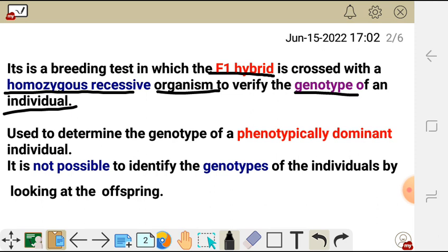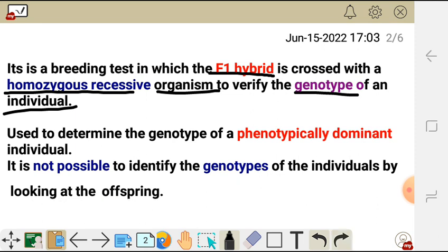This kind of test or cross is used to determine the genotype of a phenotypically dominant individual, because it is not possible to identify the genotypes of individuals by looking at the offspring.